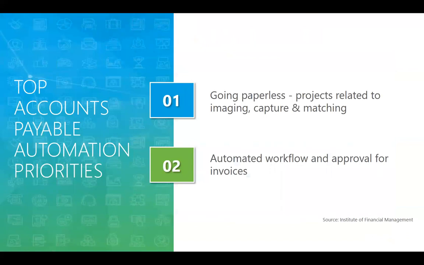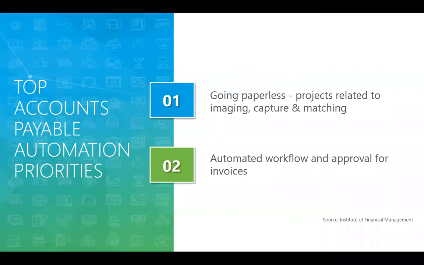Further research has shown that the top initiatives by companies when looking at streamlining AP are to go paperless and automate the workflow. Based on the study from the Institute of Financial Management, these two items emerge as the top AP automation priorities. Number one, it's clear from the IOFM report, is that 78% of the respondents employ straight-through processing when it comes to invoices and automating their invoice process.